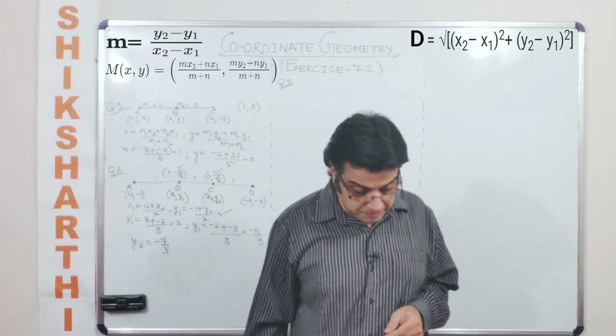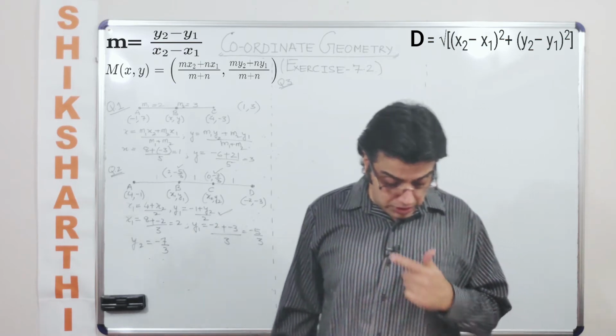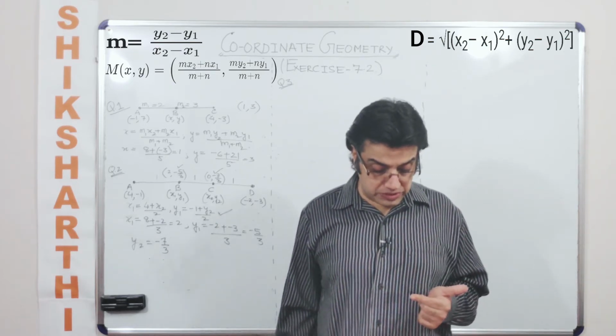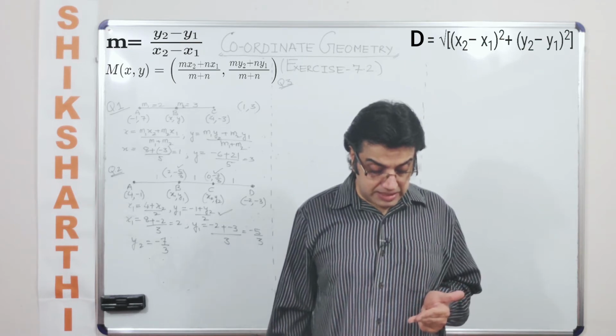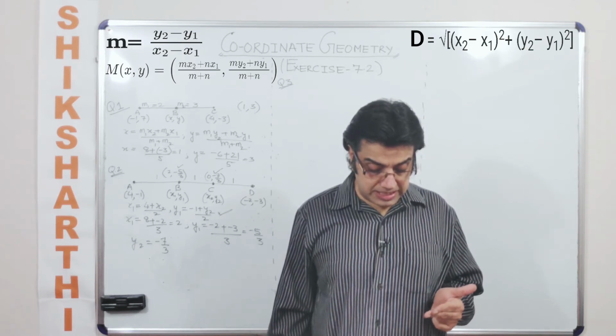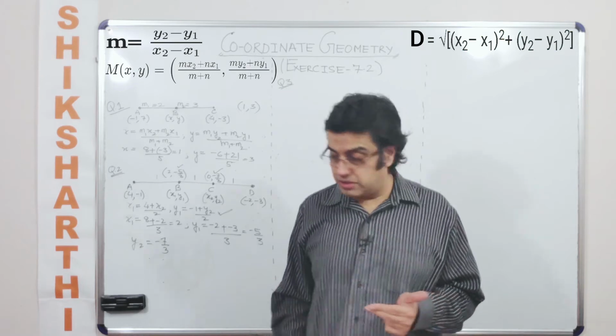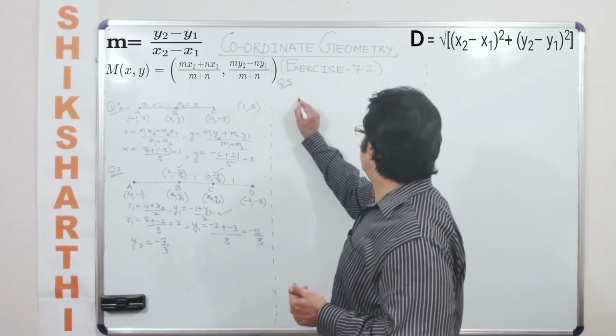Okay. So now let us see what is the relevance of the question. 100 flower pots have been placed at a distance of 1 meter each.